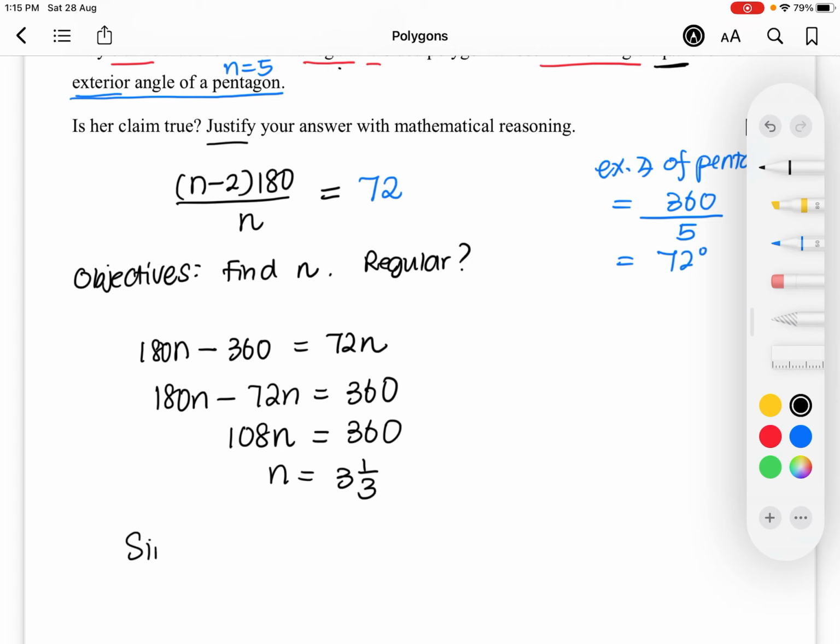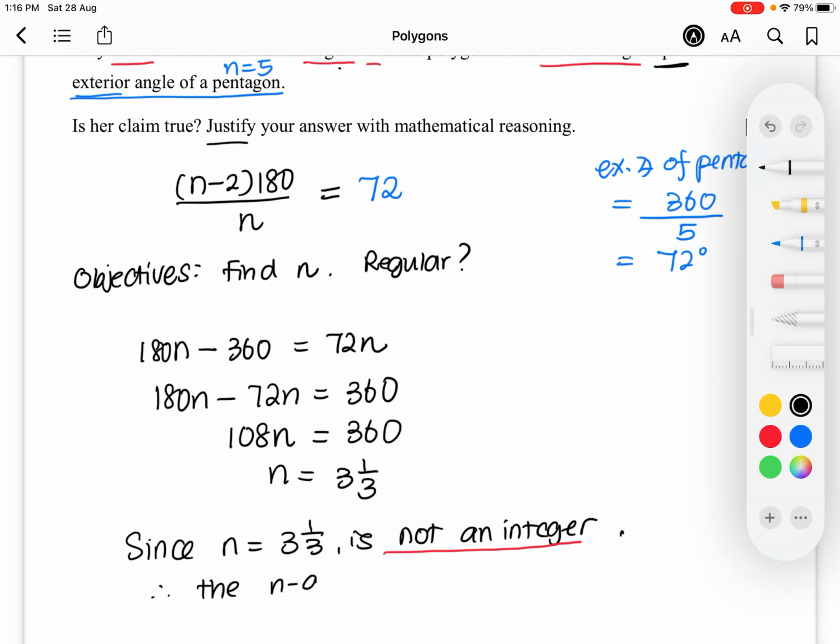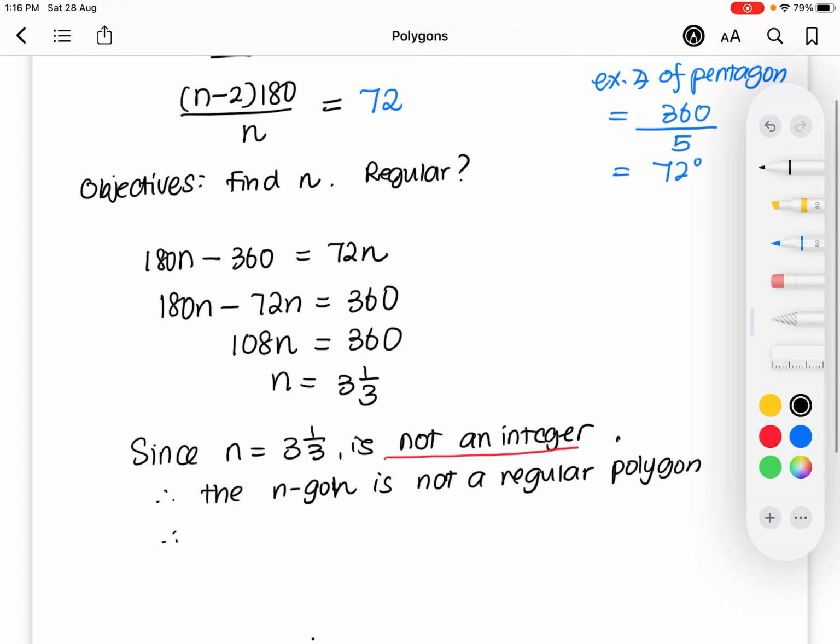Since n equals 3 1/3 is not an integer, therefore the n-gon, or the polygon, is not a regular polygon. If it's not a regular polygon, therefore the claim is not true.